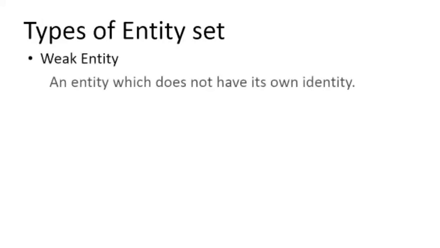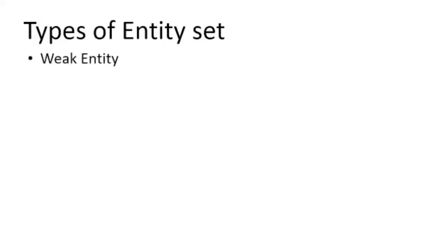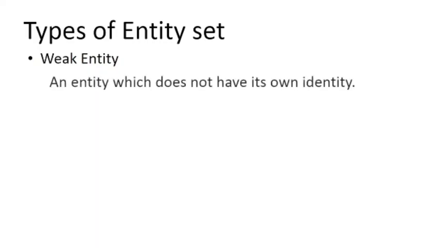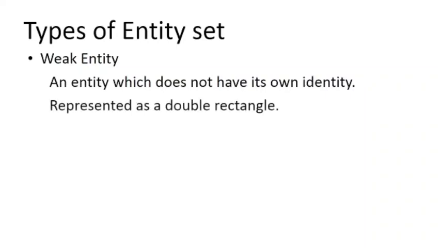Next, types of entity set. We have weak entity set and strong entity set. So what is a weak entity? An entity which does not have its own identity, which is represented in a double rectangle. The entity which we cannot identify uniquely, which does not have any primary key with it, we term as a weak entity.